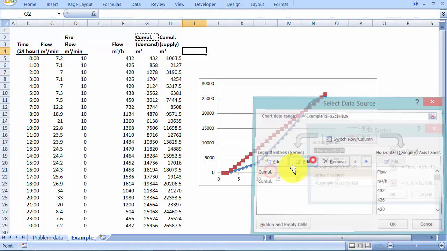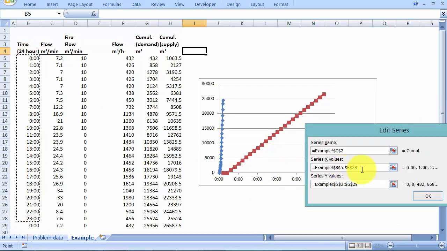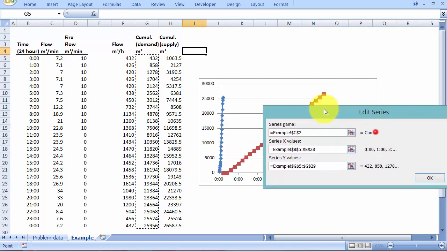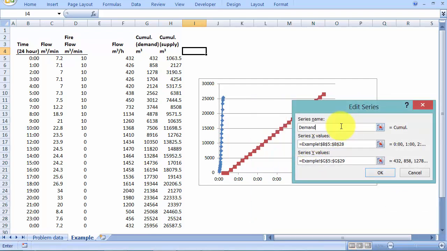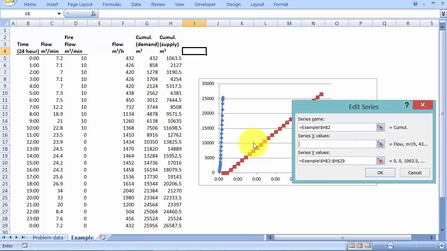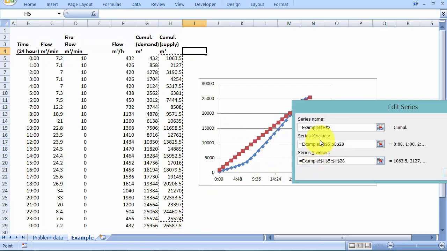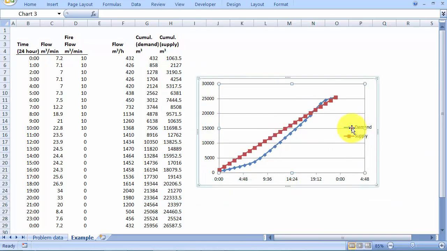This should be our x values, our hourly rate, and our y values should be that value there. This is for demand. And if we edit this one, our x value is again the same hourly portion, our y value is the supply, and the label there, supply.